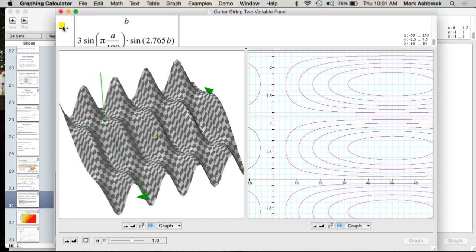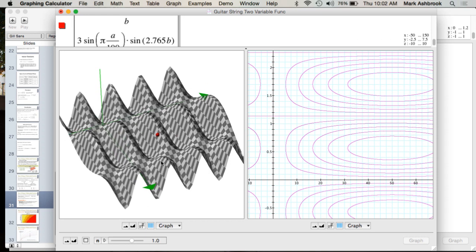Barely. It's terrible. Red? Red. Okay, red it is. So there's that point at what? X equals 70 millimeters down the string. That's the x-axis. And then at 2.5 milliseconds, what did we get for the partial with respect to x?